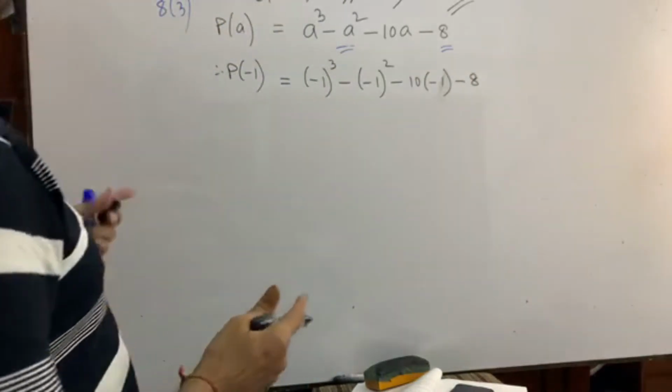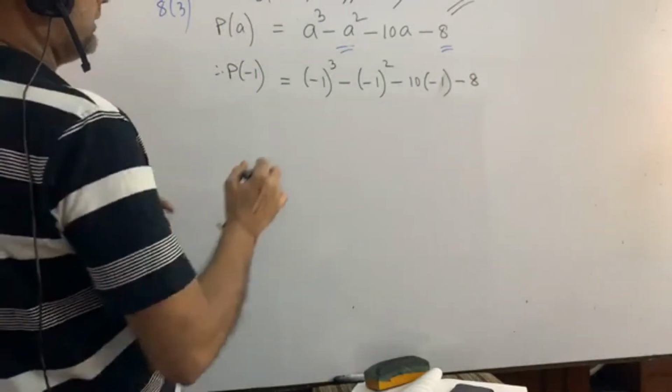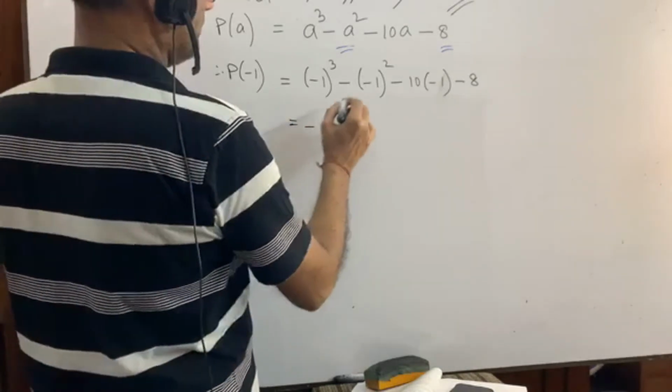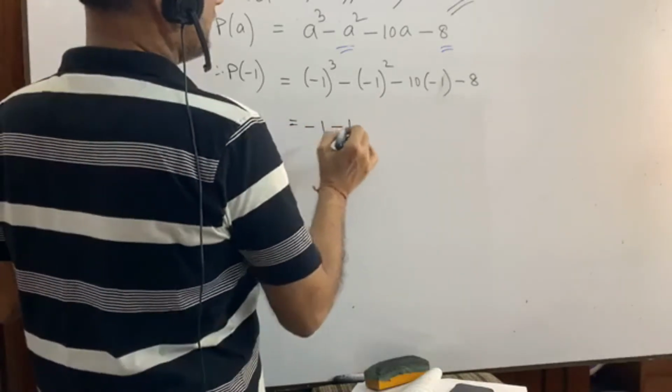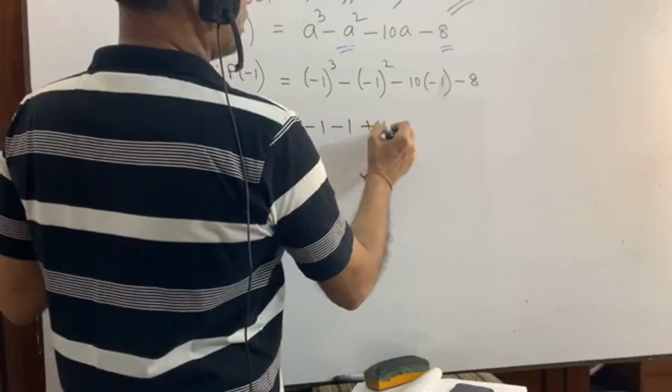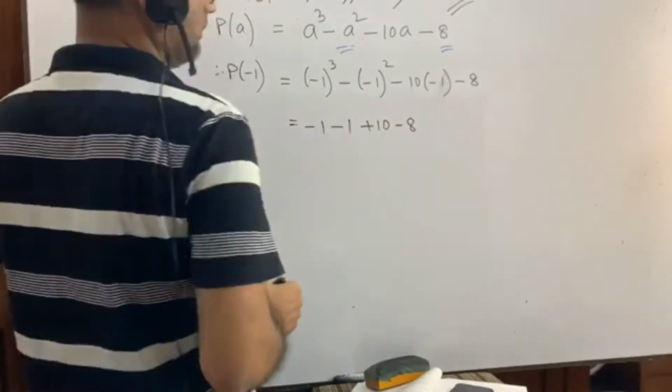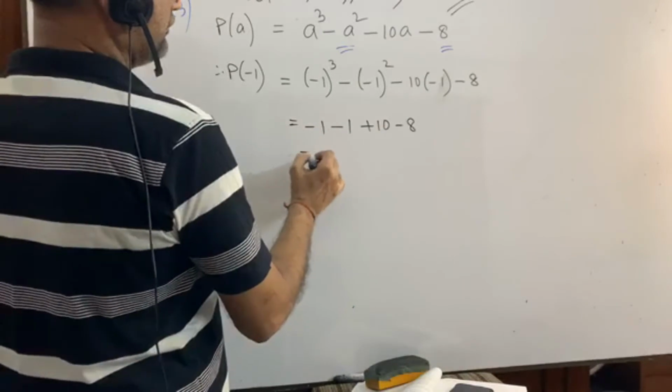I have put a equals to minus 1. That means minus 1, minus 1, plus 10, minus 8, and you get 0.